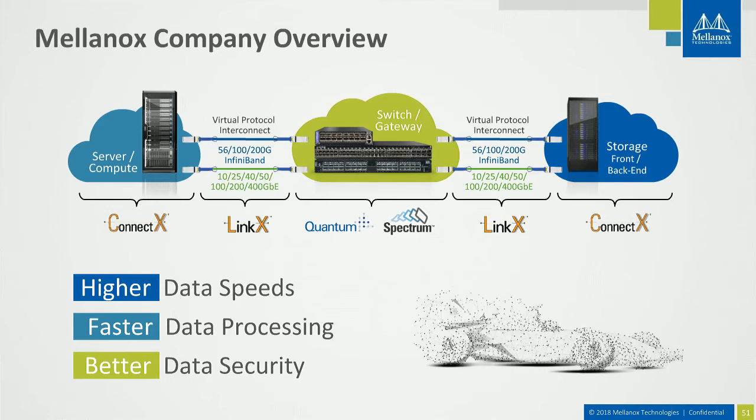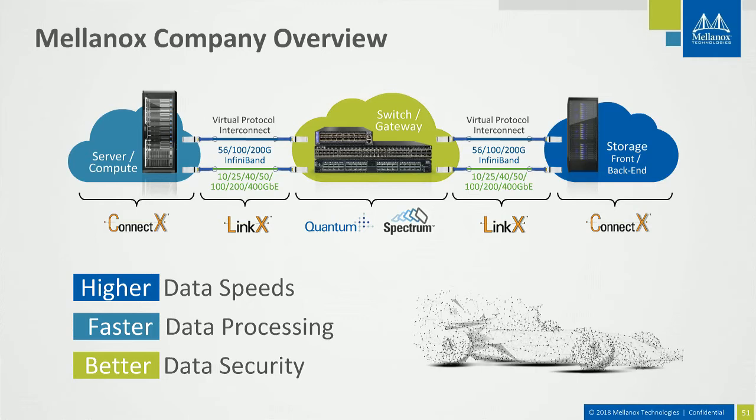Leveraging many generations of product development in high-performance computing, Mellanox built its switches on its own ASIC, whereas most switches from other vendors on the market are built on general-purpose merchant silicon.